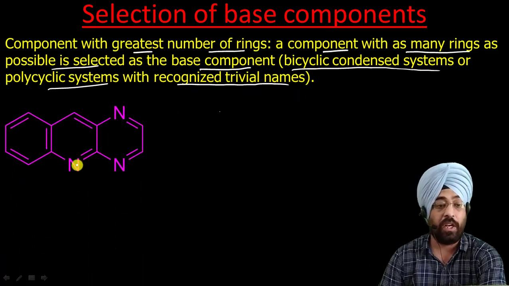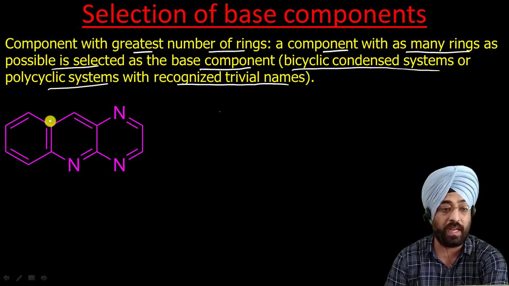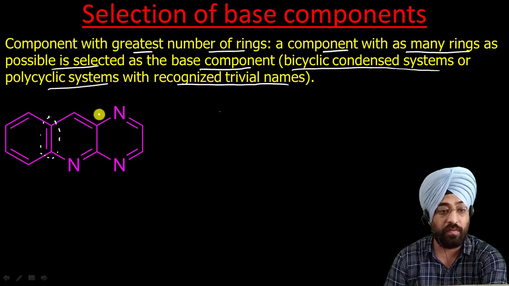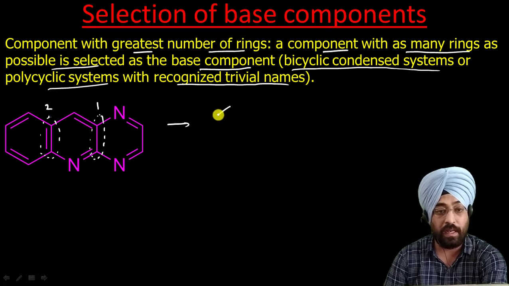Now see, we can bisect this into these two components. Either we can break this bond or we can break this bond. If we break, I will give it 1, give it 2.